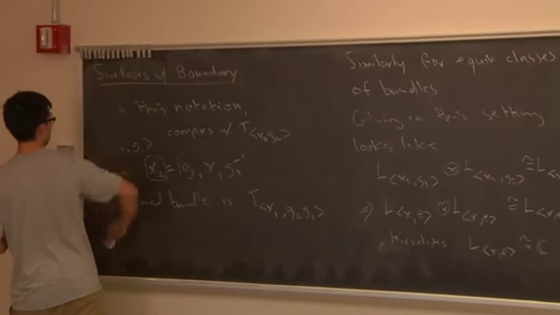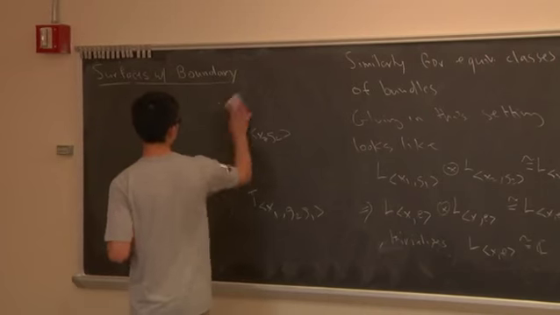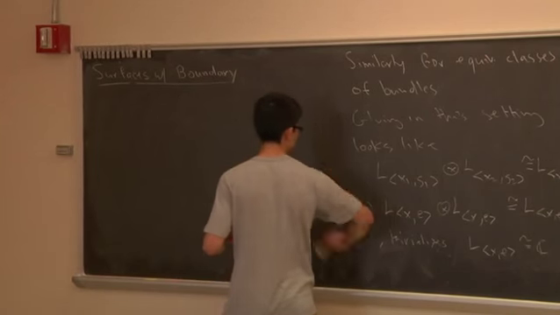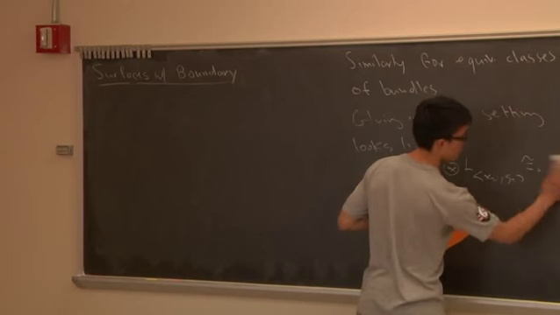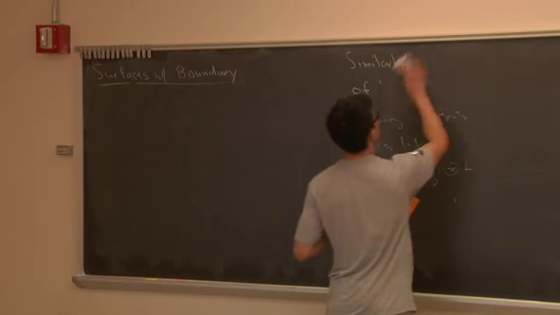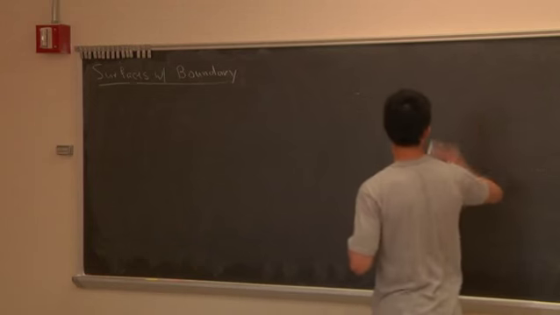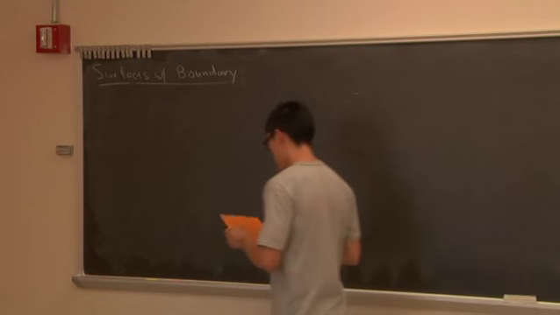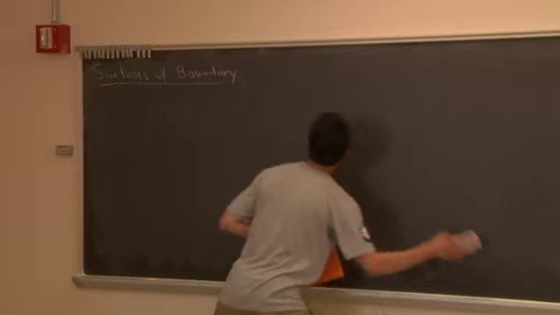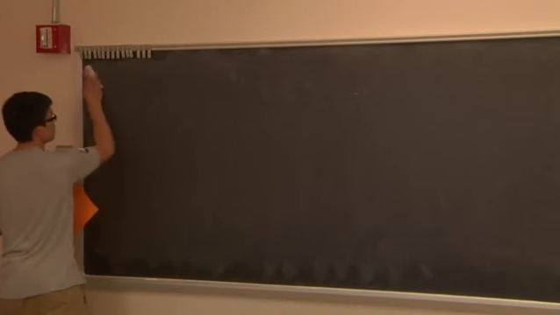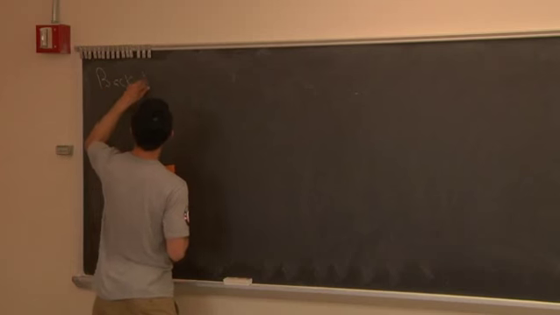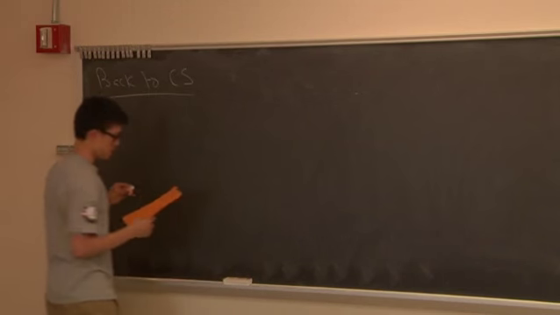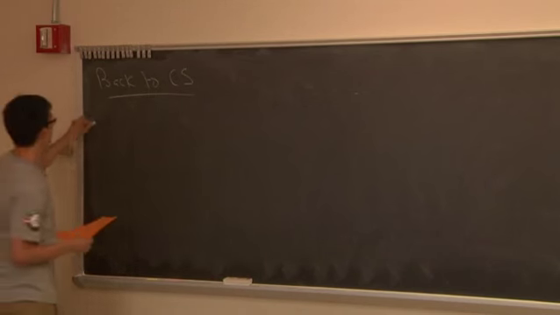So with that in hand, we can come back to this whole cylinder business and see what this has to do with anything. Okay, so just so we know what we're talking about at this point, let's go back to this Chern-Simons stuff we were talking about.